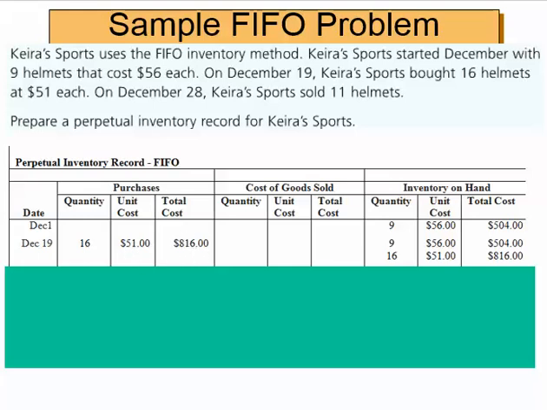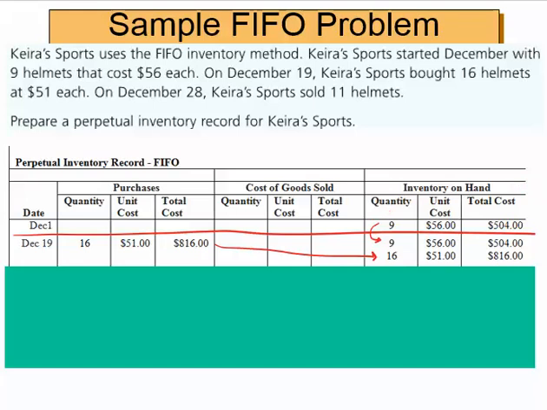And here's the part that students typically don't like to do. What we need to do is kind of assume, and I wish there was a line here, and we're going to carry down this information from the first. So we have 9 at 56, that's 504, and now we have 16 at 51 for $816.